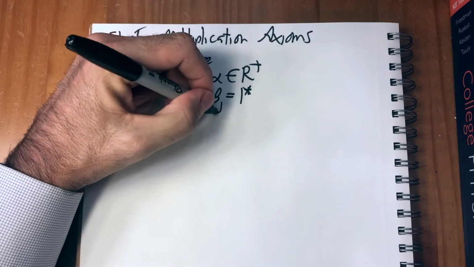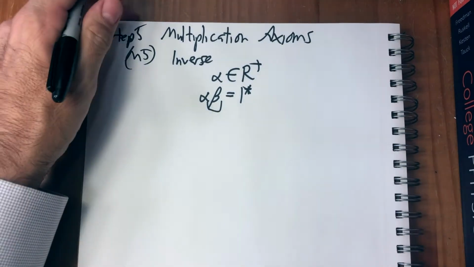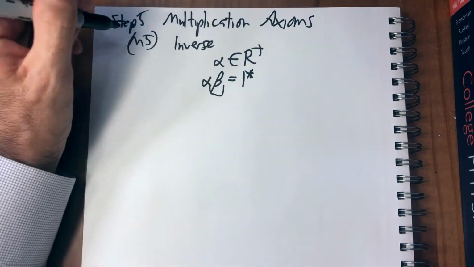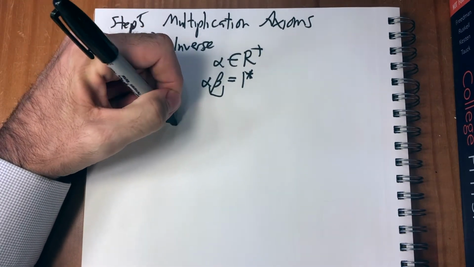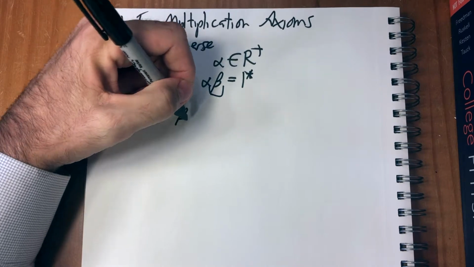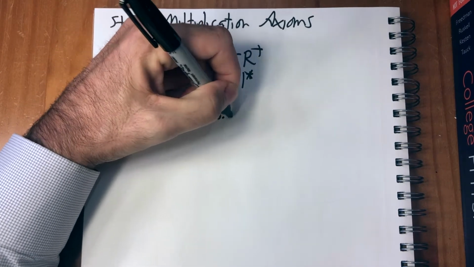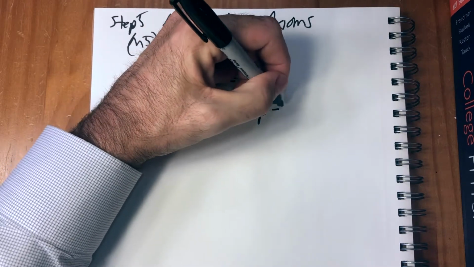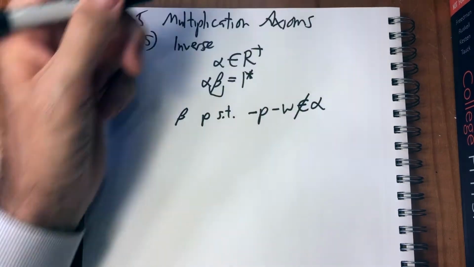So we're looking at beta. We've defined beta in a parallel way to what we did with the addition, which is that beta is the set of all p such that minus p minus w is not in alpha.